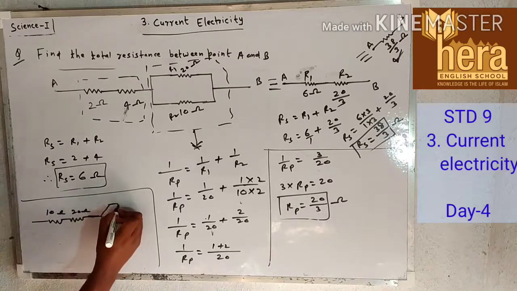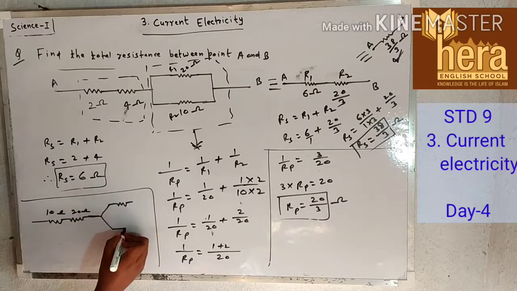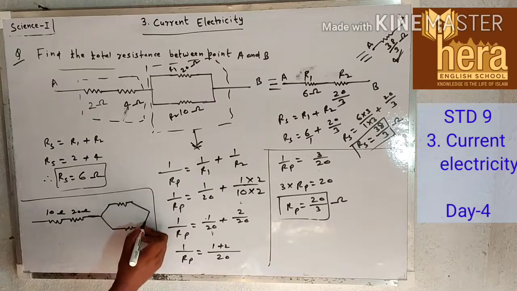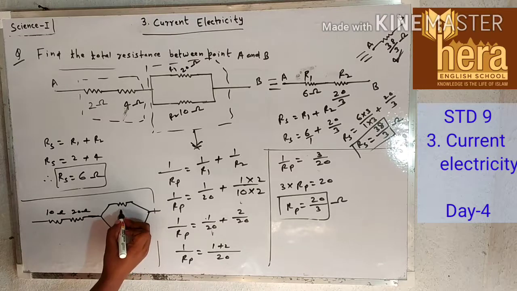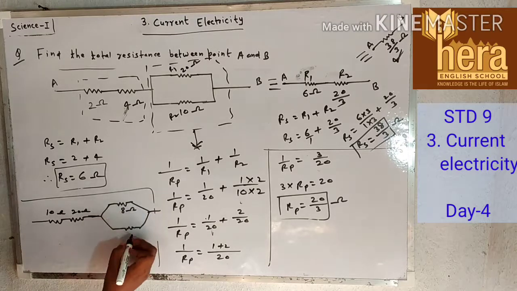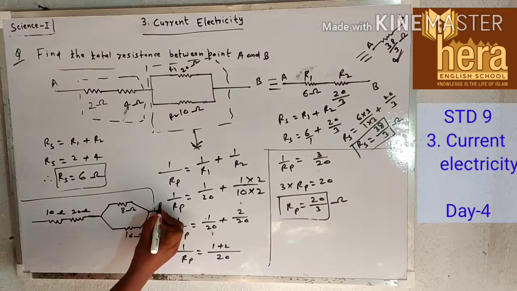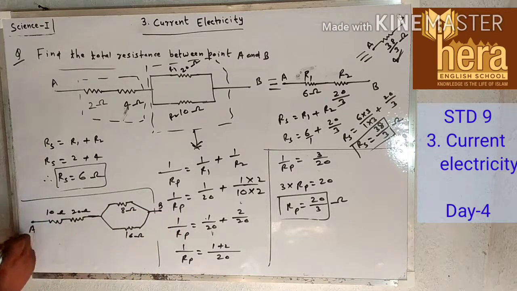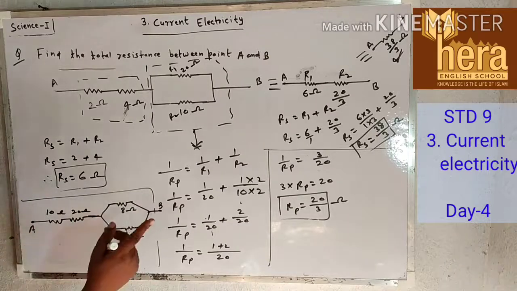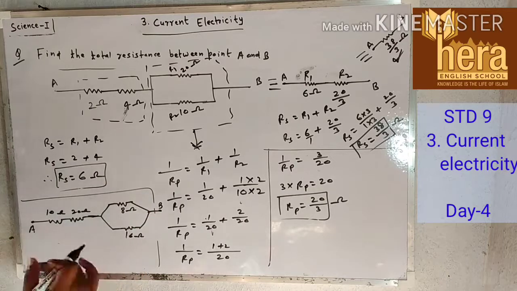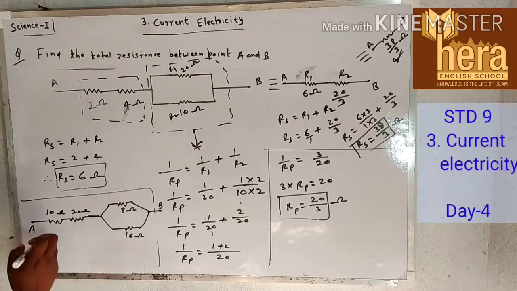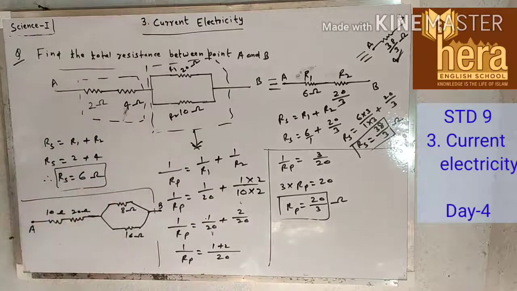There are two resistors, this is 8 ohm and 16 ohm. This is point B, this is point A. The question is again the same. Find the total resistance between point A and B, or find the effective resistance between point A and B. You have to solve this the same way. Understood?